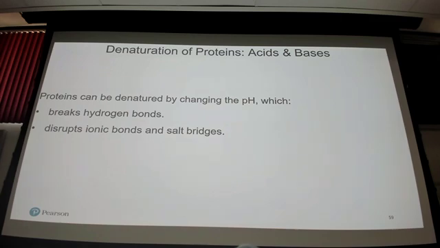And so if pepsin were to be floating around in the small intestine or trypsin in the stomach, those enzymes will not be active because they're going to denature because they're in a different environment. So all of the bonds, the interactions that we've talked about will be disrupted.